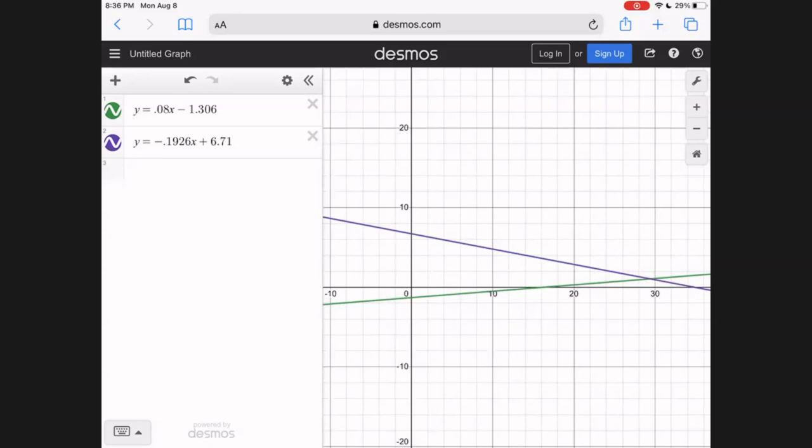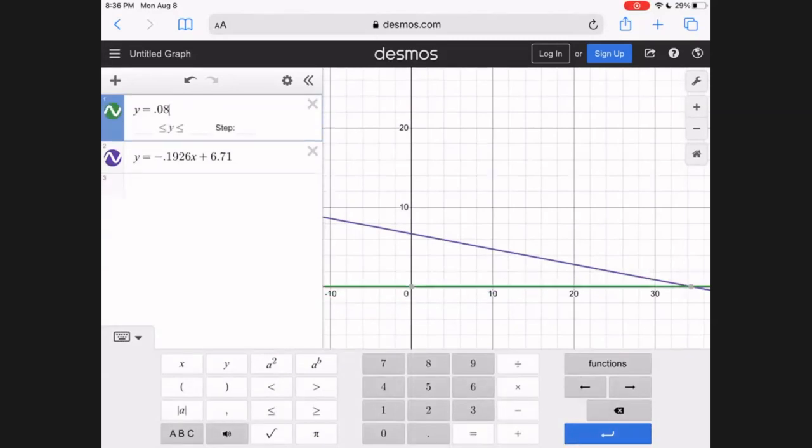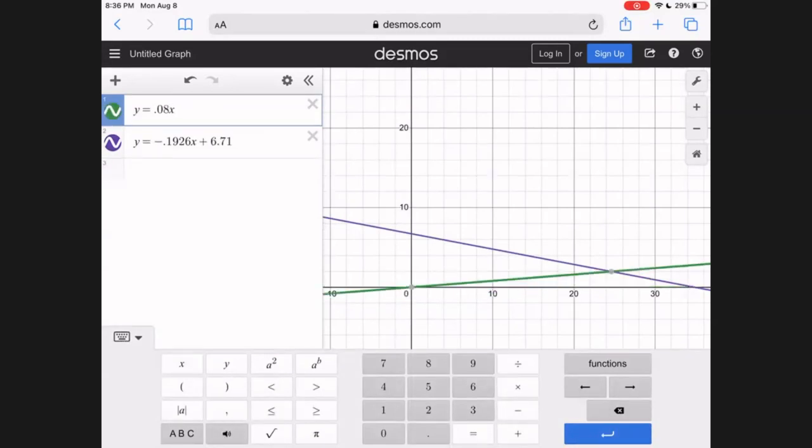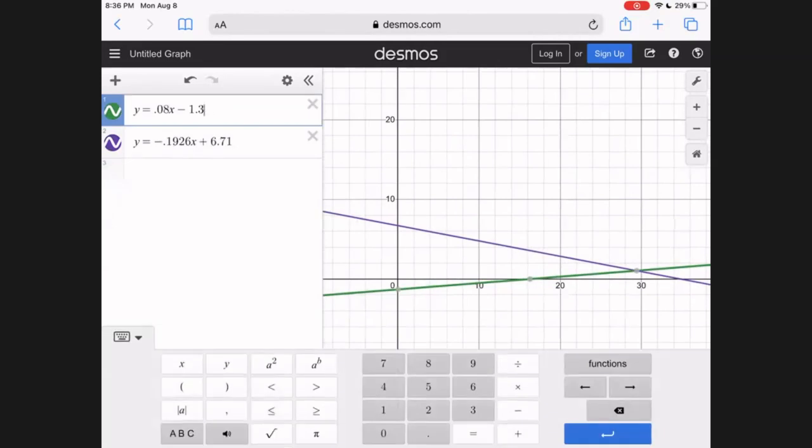So let's make sure. Oh, for some reason I typed in the wrong thing. Whoops. So this first one, there's an error. I was using the wrong number, so always double check. Minus 1.306. Oh, I did it again. What am I doing?